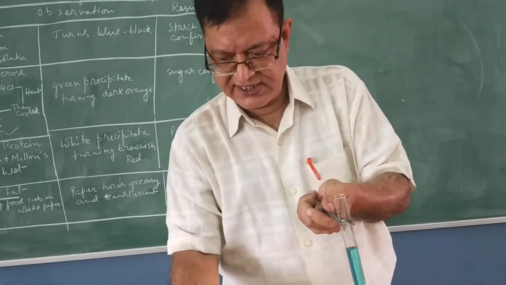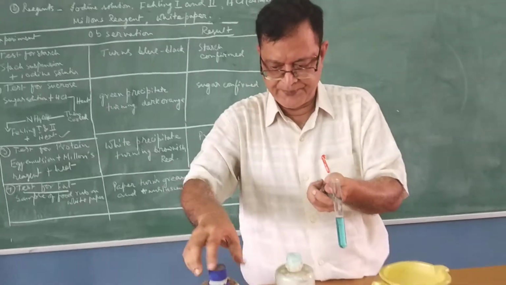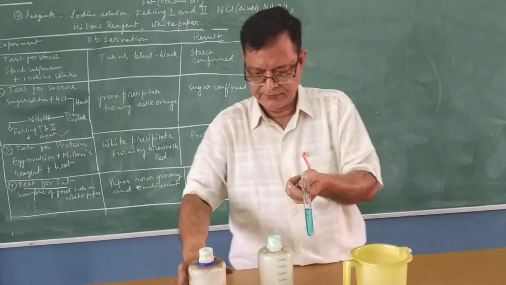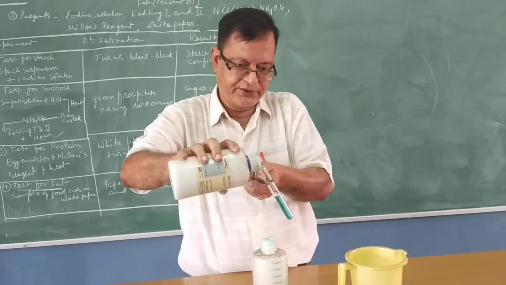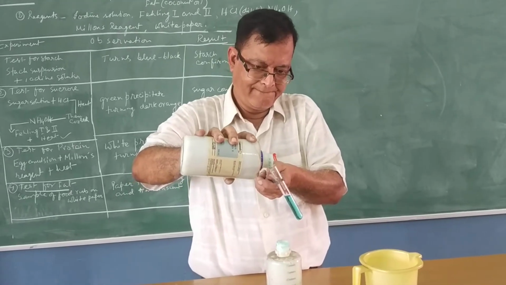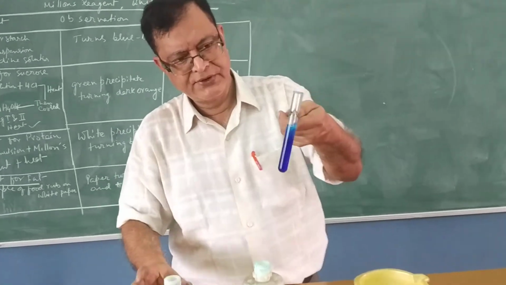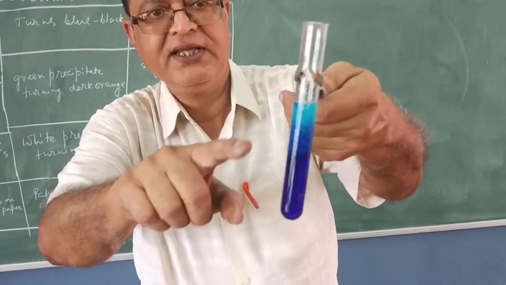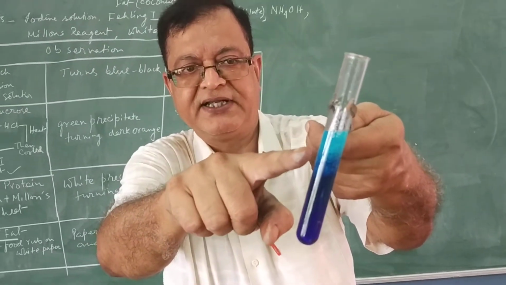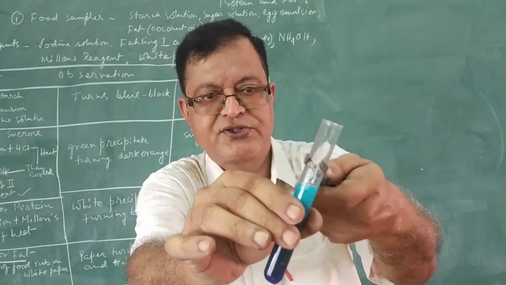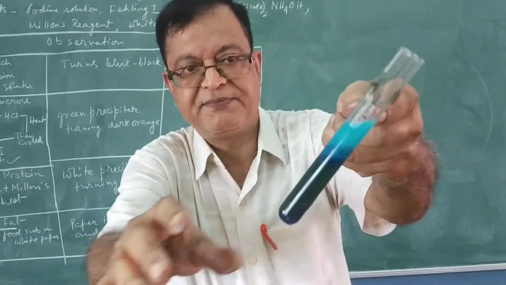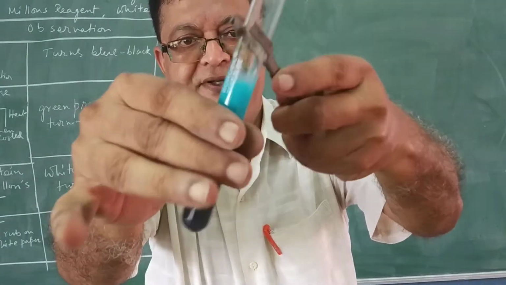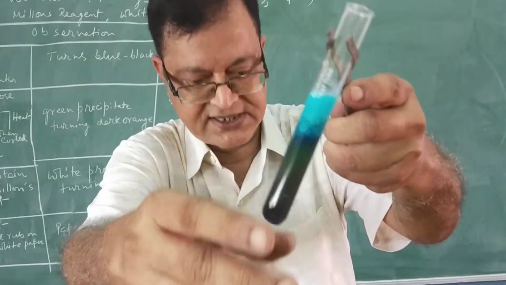And then this is Fehling solution number 2. We'll add Fehling solution number 2. Slowly, you will see that green precipitate is coming at the top. When we shake it, green precipitate is coming.